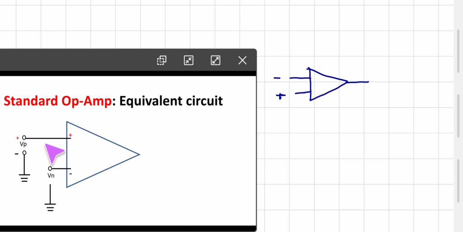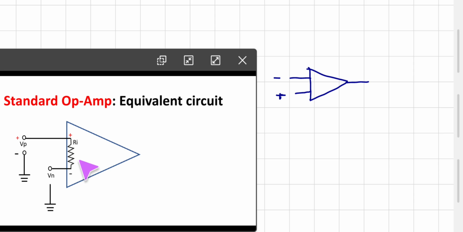So this is the input, and there are two input terminals. There is a resistance between the two input terminals, that is called the input resistance of an operational amplifier.